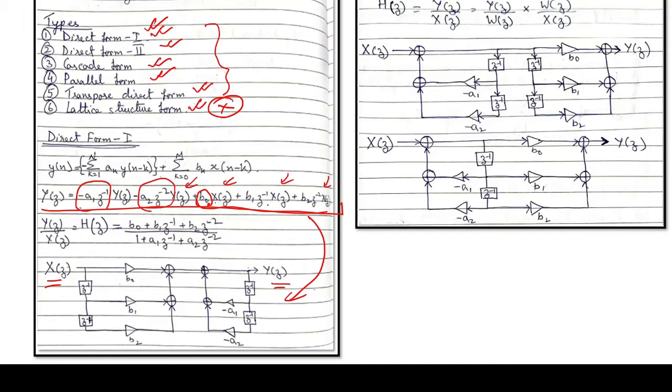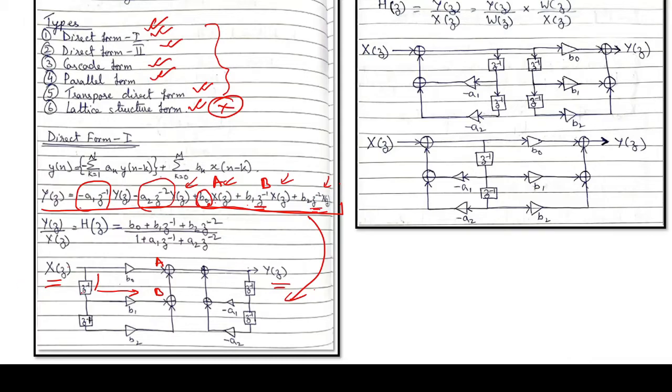Next, X(z) is delayed and then multiplied with B1, and then it is added with the previous component. Say if this is A and this is B, then B is added with A. Next, two times delay.